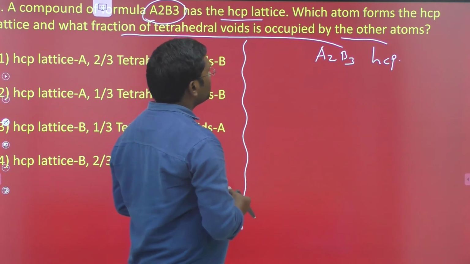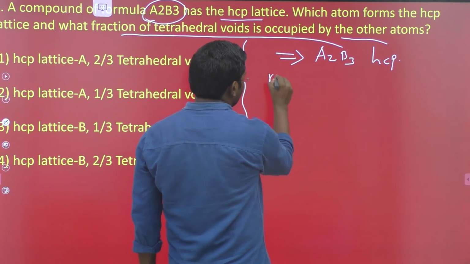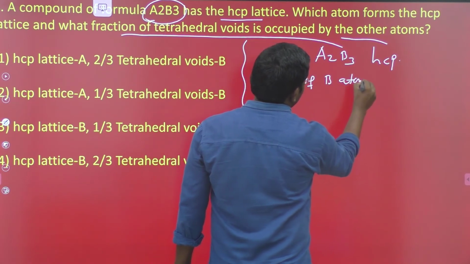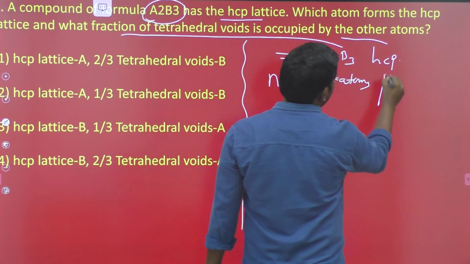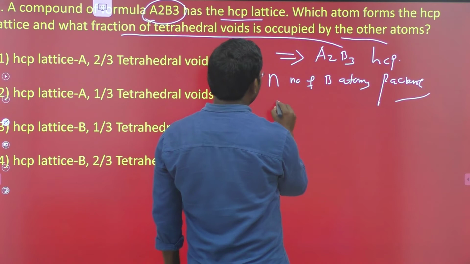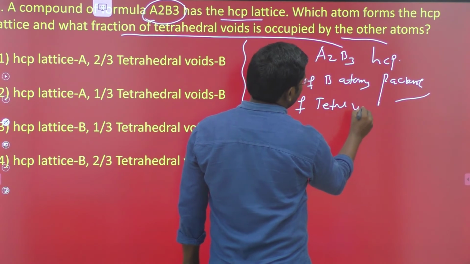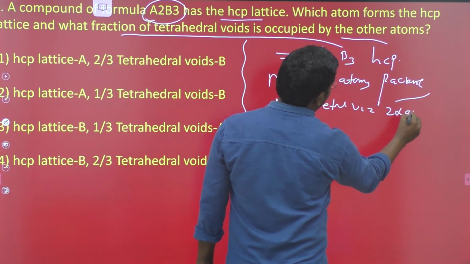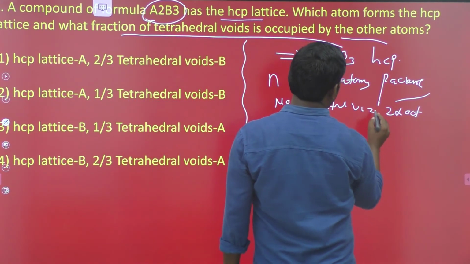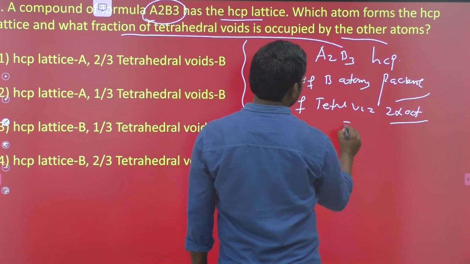So the given formula is A2B3. For example, if n number of B atoms are participating in packing, then the number of tetrahedral voids is equal to 2 into the number of octahedral voids. So the relation is the number of tetrahedral voids is equal to 2 into octahedral voids. Therefore the number of tetrahedral voids is equal to 2n.